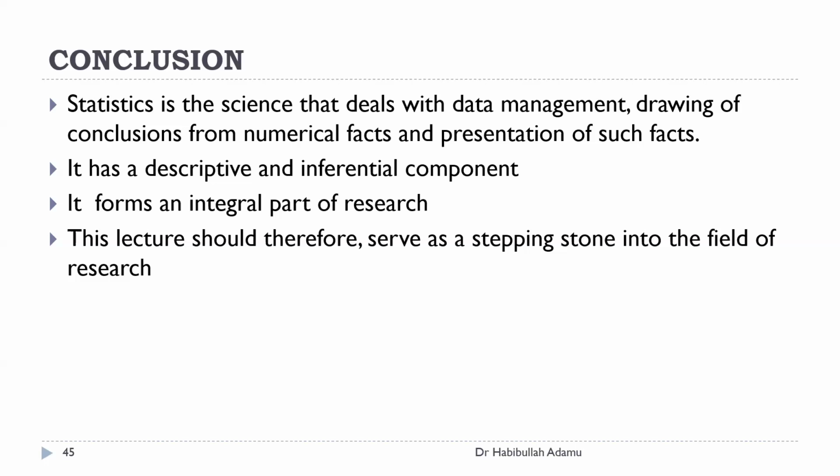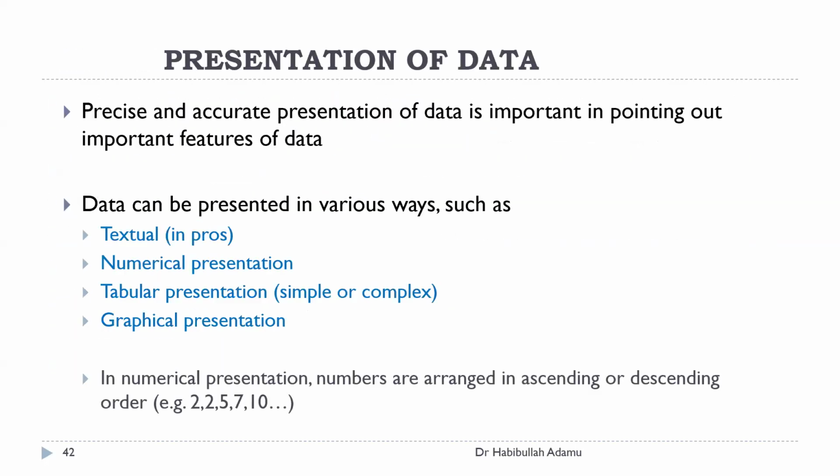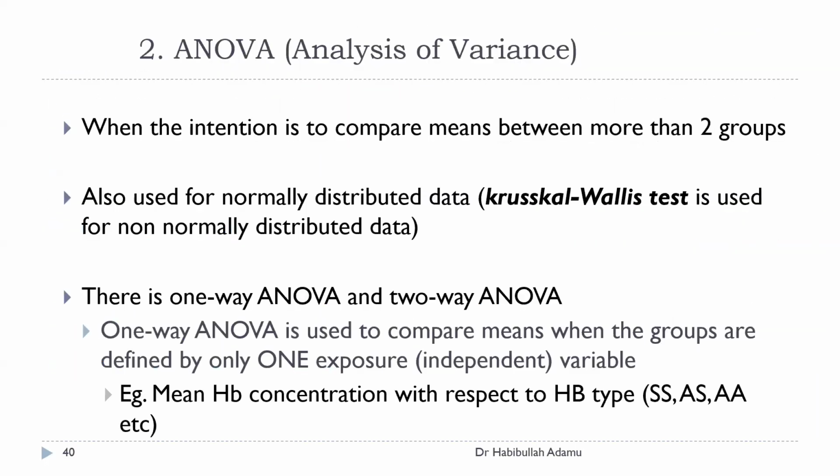And ANOVA also, maybe I did not mention, is for normally distributed data. If data is not normally distributed, the non-parametric counterpart that should be used is the Kruskal-Wallis test. So don't worry, it's in the slide, Kruskal-Wallis test.